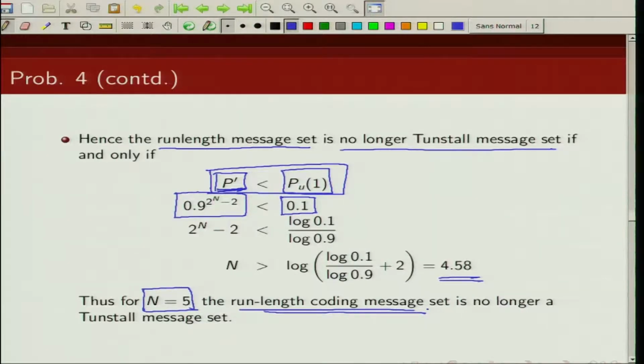Okay. So for n equal to 4, 3, 2, for those values of n, run length coding for this particular source is going to be a Tungstall message set, but for n greater than or equal to 5, the run length message set is not going to be a Tungstall message set.